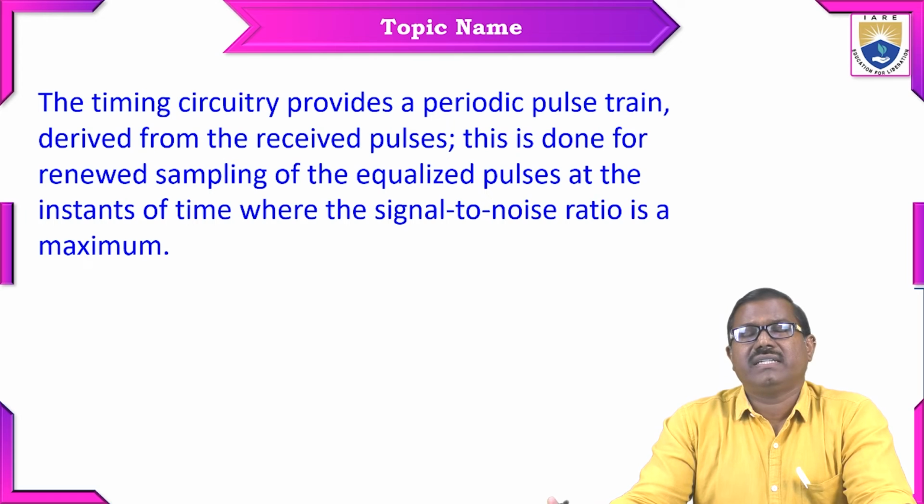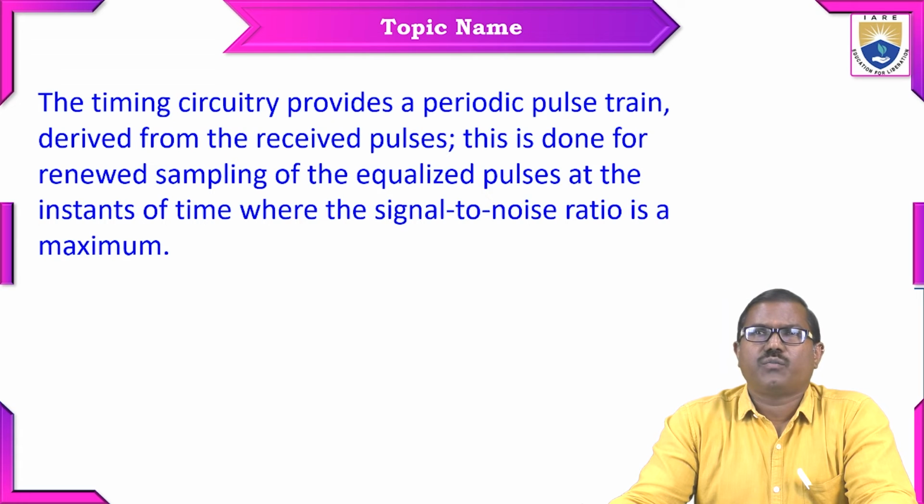The second block of this regenerative repeater is the timing circuitry. The timing circuitry provides a periodic pulse train derived from the received pulses. This is done for renewed sampling of the equalized pulses at the instant of time where the signal to noise ratio is maximum.